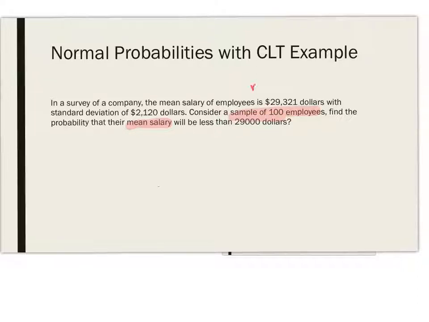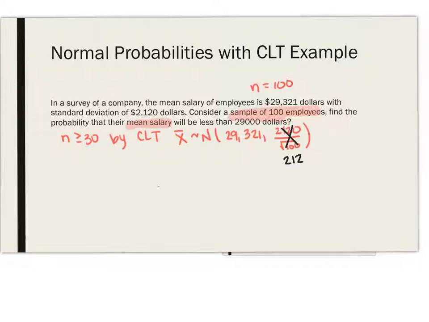That means that my n is equal to 100, and because n is greater than or equal to 30, by CLT, I know that the mean salary, x bar, is going to follow an approximate normal distribution with a mean of the population, which is 29,321, and a standard deviation of 2120, the population standard deviation, divided by the square root of n, which is 100. This value is going to simplify to just 212.